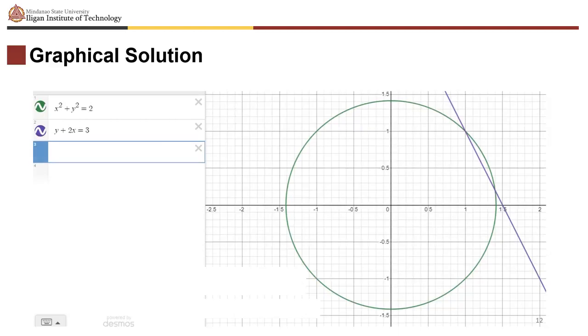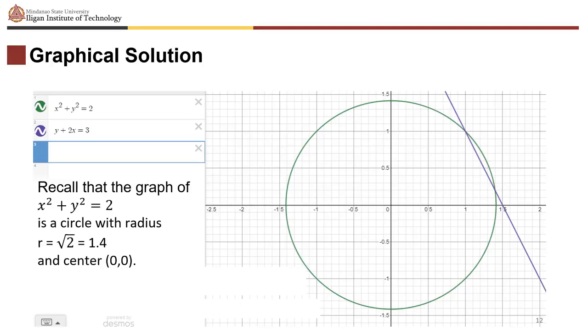So here's the sketch. Notice that this equation, x squared plus y squared is equal to 2, is actually a circle, and the other equation is y plus 2x is equal to 3.